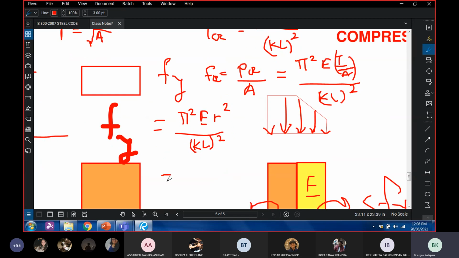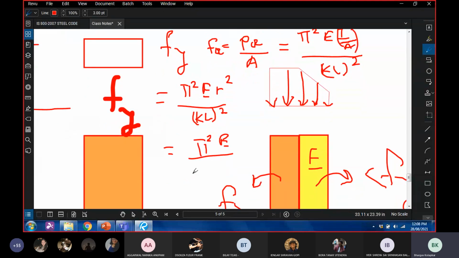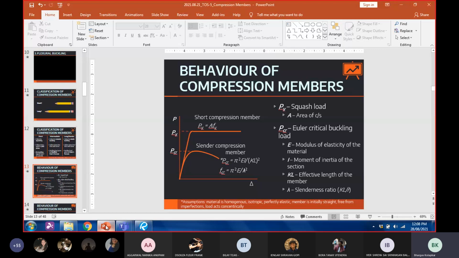Now I can rewrite this as pi square E upon (KL upon R) square. Now I can rewrite this as pi square E upon lambda square. And lambda is nothing but KL upon R, which is called the slenderness ratio.